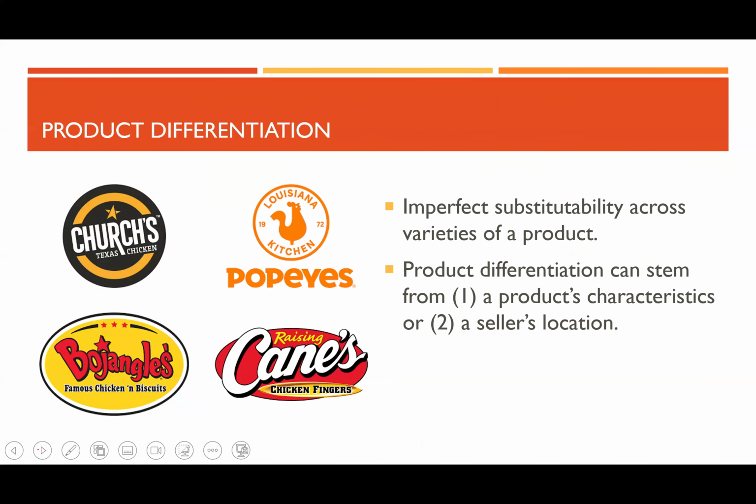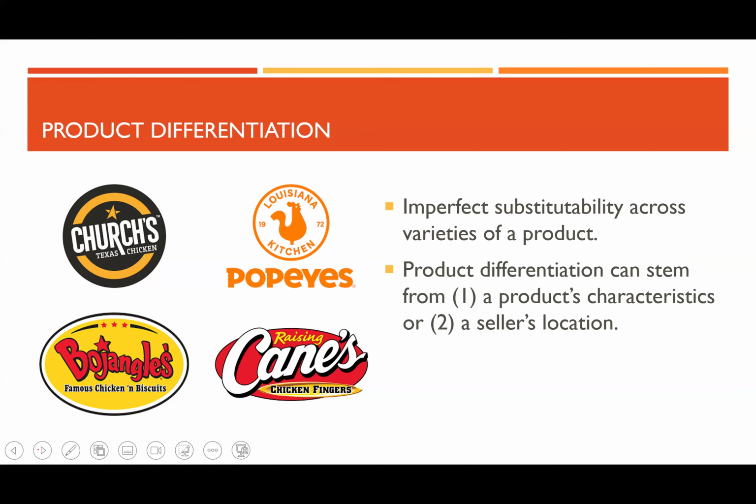Our fourth source of market power is going to be product differentiation. In product differentiation, we see firms able to produce goods that are very similar to each other, but just different enough that they're not perfect substitutes. So the example I like to use is fried chicken, because despite all of the companies you see listed on the slide here providing fried chicken, people have very strong feelings about them, right?